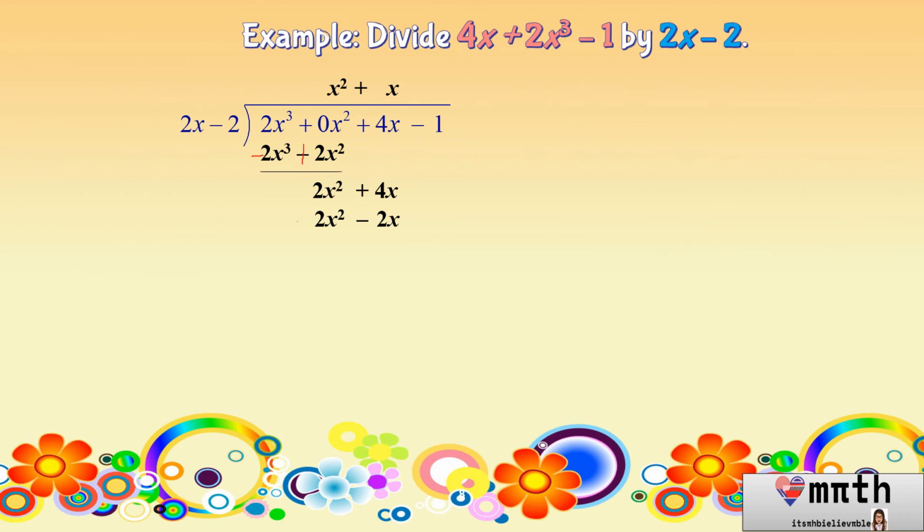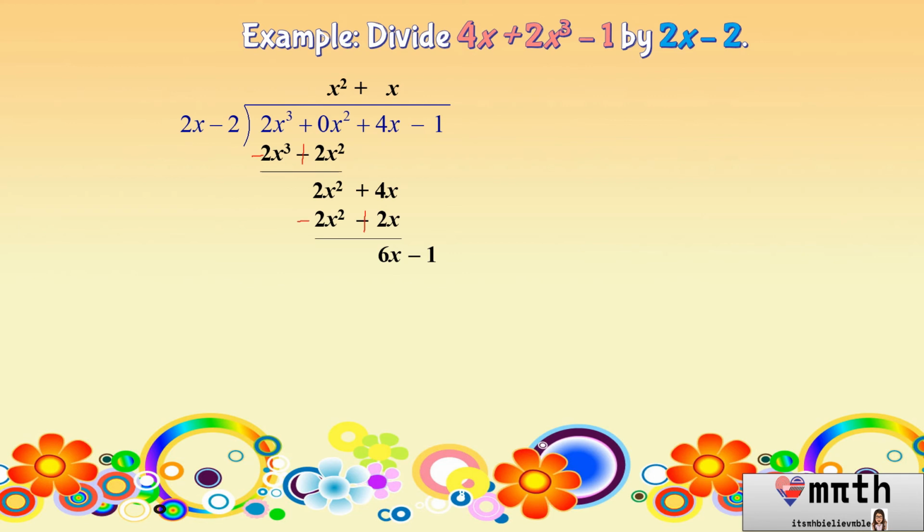So, since positive, this is negative, this is negative, this will be positive. Then, let us solve. 2x squared minus 2x squared, that will be 0. 4x plus 2x, that will be 6x. Then, again, since there's still a term above, we're going to put it down. Then, that will be 6x minus 1.